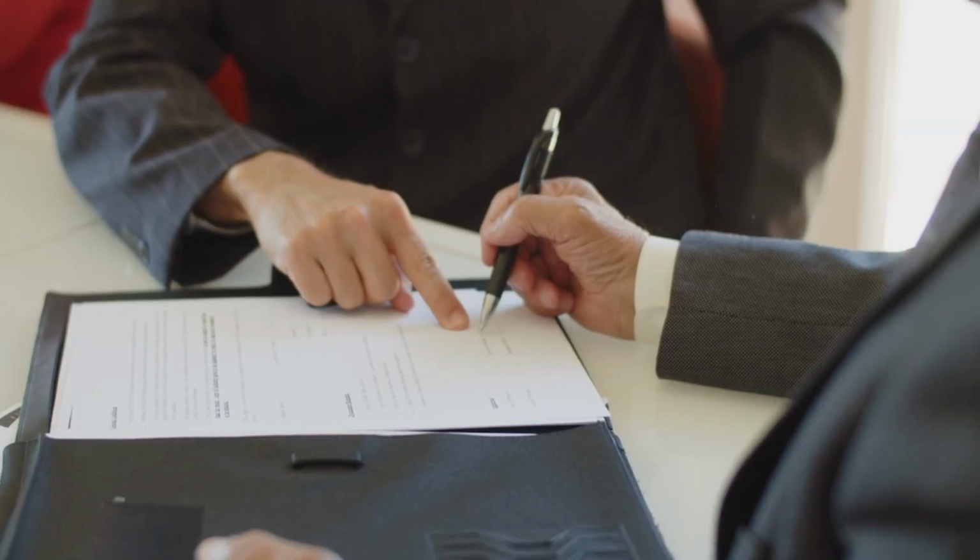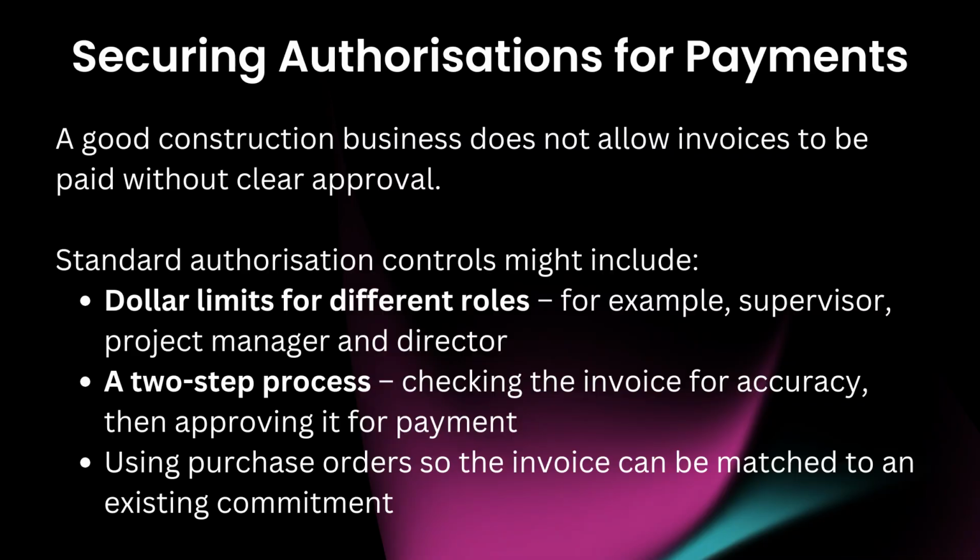Authorisation for payment. Securing authorisations for payments. A good construction business does not allow invoices to be paid without clear approval. Standard authorisation controls might include dollar limits for different roles, for example, supervisor, project manager, and director.